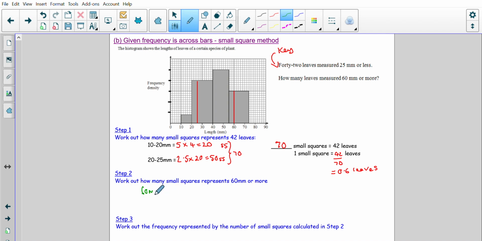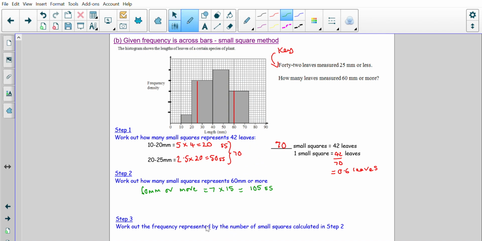So for 60 millimeters or more, how many small squares am I looking at? Well, it's 7 small squares across and 15 high. So that's equal to 105 small squares. That's the area of my 60 or more millimeters.